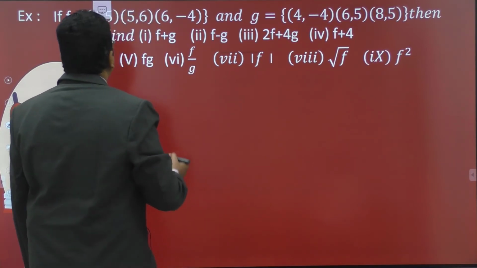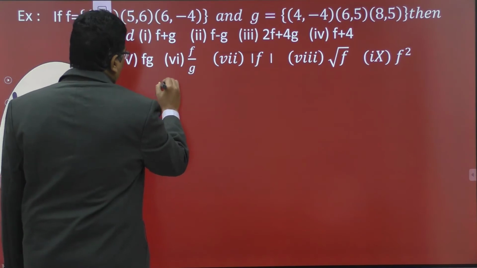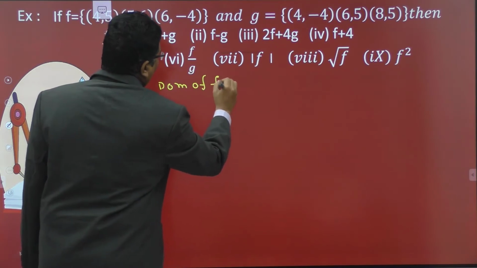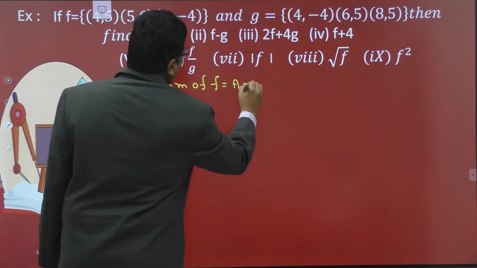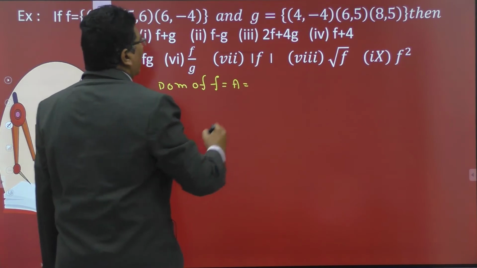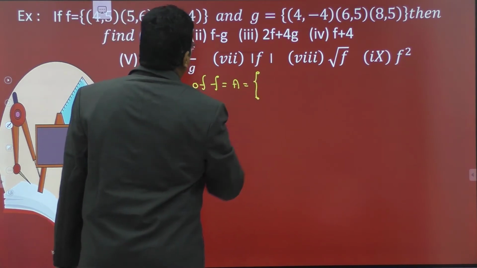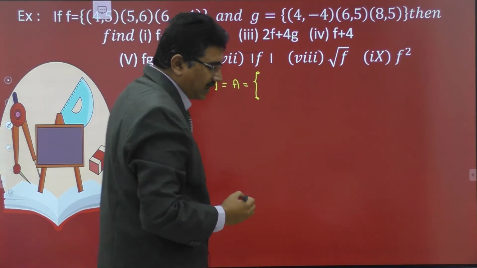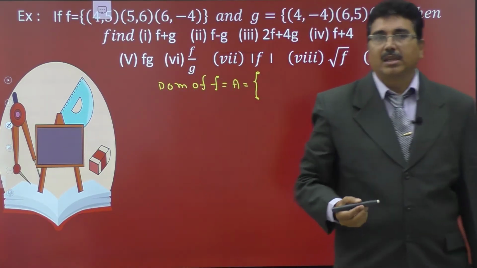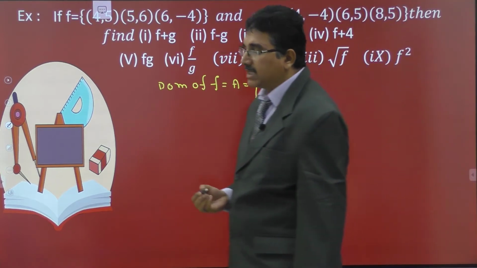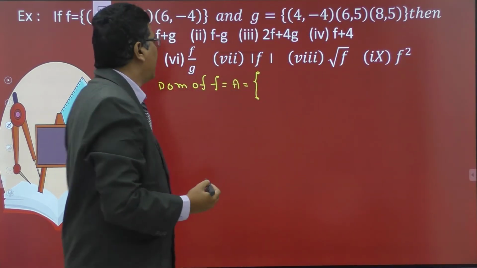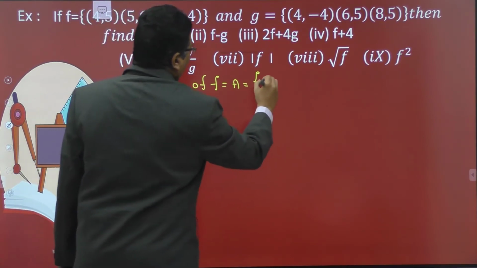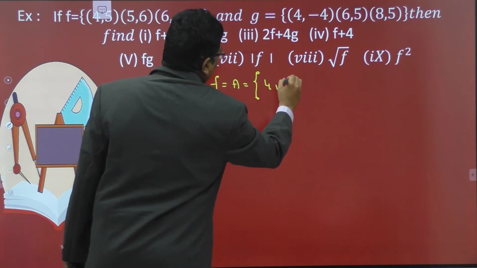First, what is the domain of f? Domain of f, let it be capital A, is the set of all first components of the ordered pairs; the first component elements are the domain elements. Here, the first component elements in f are 4, 5, 6.